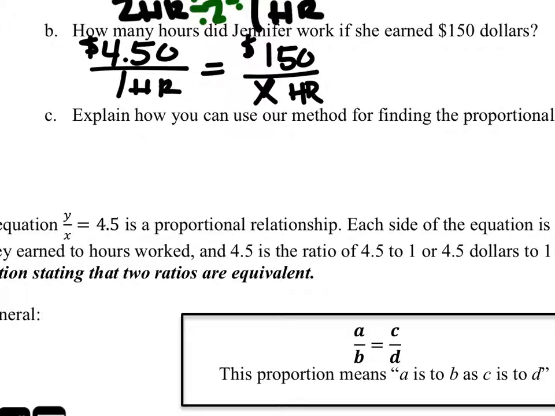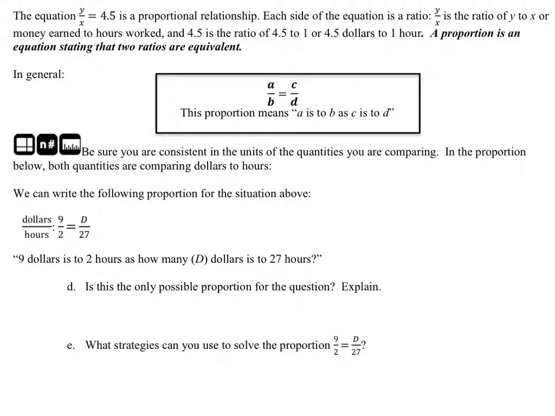So the proportional constant is just where we want one of the values to be 1. Usually it's the denominator, but it doesn't matter. You're just dividing it by whatever that value is, the numerator specifically. So we could use that equation. y divided by x equals 4.5 is a proportional relationship. That is the proportional constant as well. We've looked at that before, y over x.